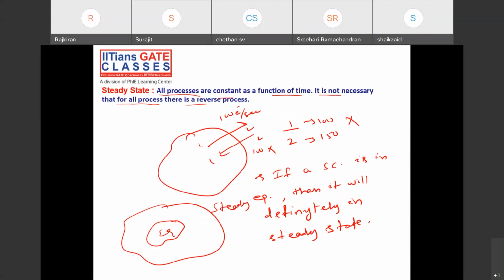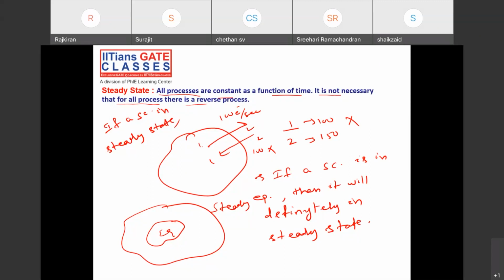And whenever a semiconductor is in steady state, can you guarantee it is in equilibrium? No, sir, because the reverse process is not guaranteed.